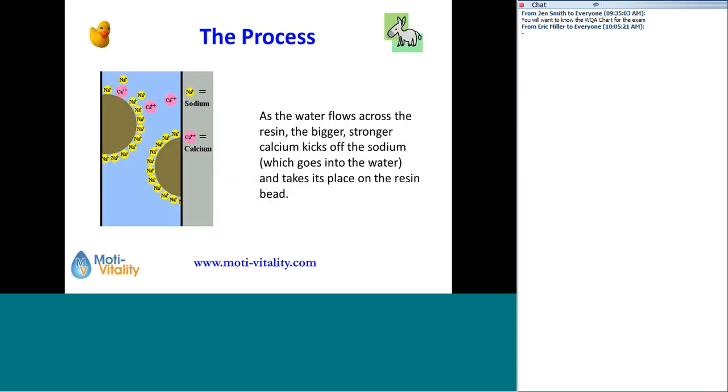So if you take a resin bead, just one little cation softening resin bead that's fully charged and ready to completely soften the water, it's got a bunch of little sodium ions sitting on it.